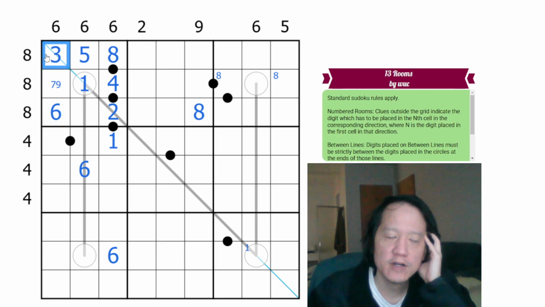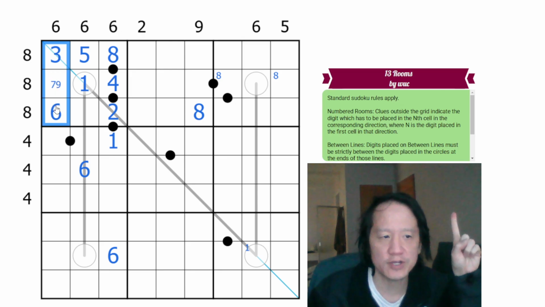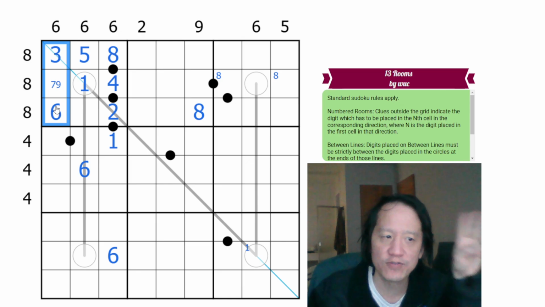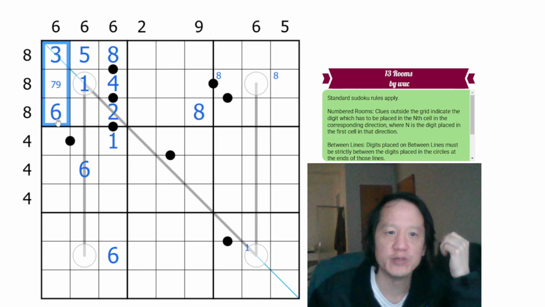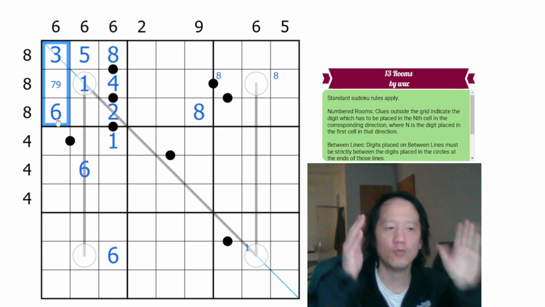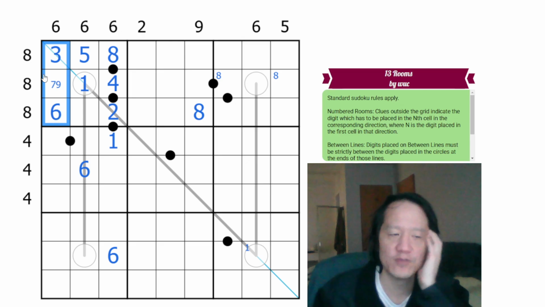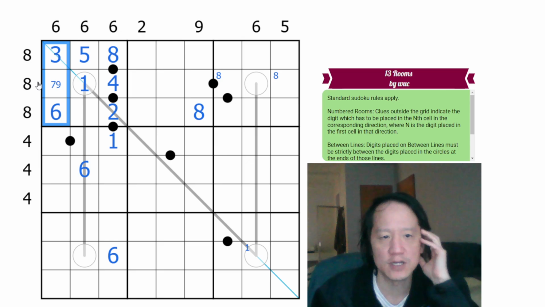If you have 3 or even 2 of the same digit as the number rooms clue digit, you know that one of them has to be from 1 through 3, one of them has to be from 4 through 6, and one of them has to be 7 through 9 if you have 3. If you have 2, you just know they have to be different sets. So one could be 1 through 3, one could be 4 through 6, or one could be from 7 through 9, but you cannot have 2 of the same set.